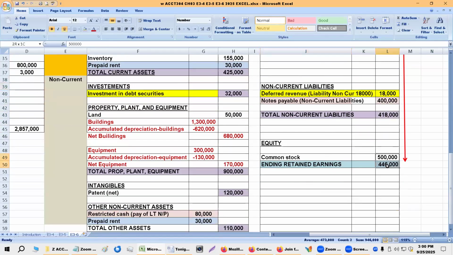And our total ending retained, or total equity.